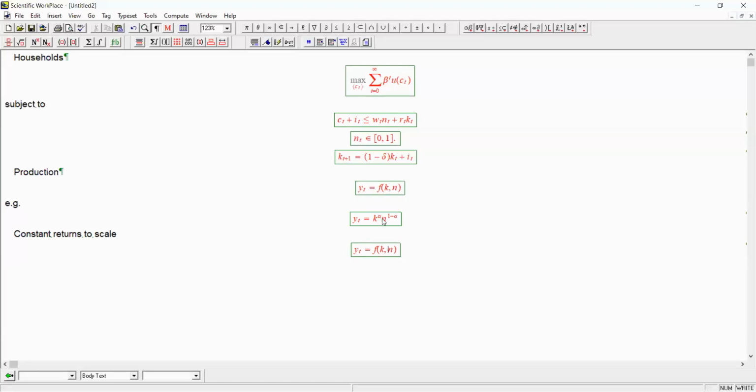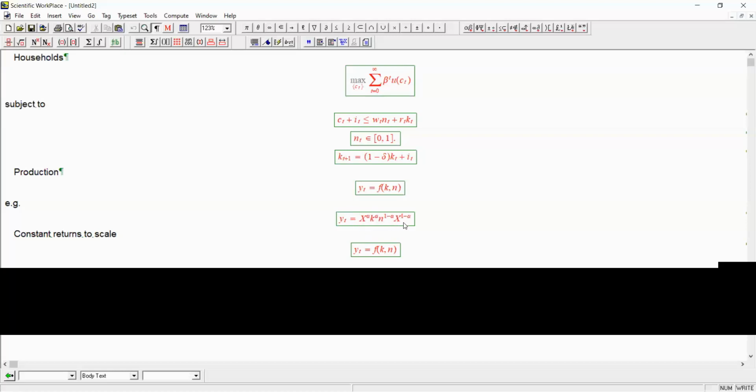And you can easily see that this is such an example. If I multiply K and N by some fixed factor x, you're going to get this output. So this satisfies constant returns to scale.